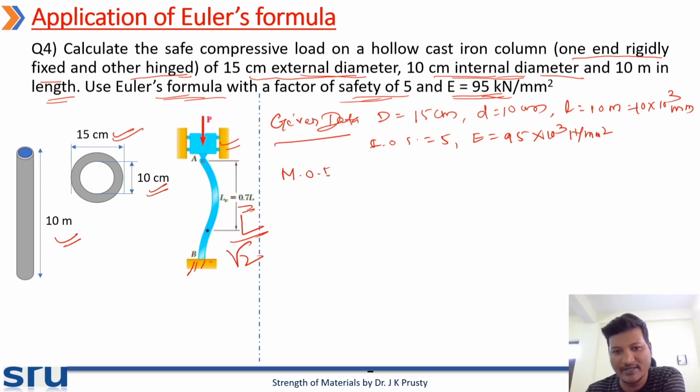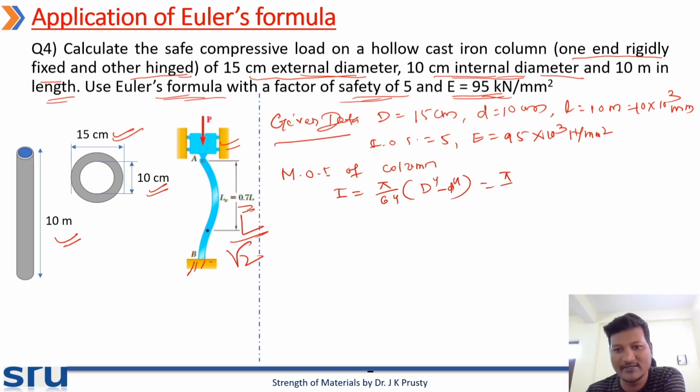Next, let us find out the moment of inertia of the column. I is equal to, you know the formula, pi by 64 into capital D fourth minus small d fourth.